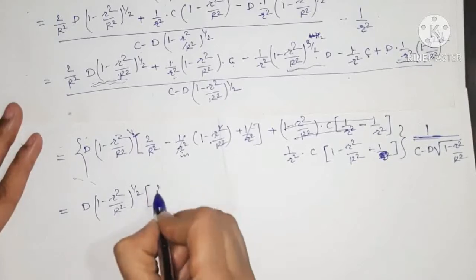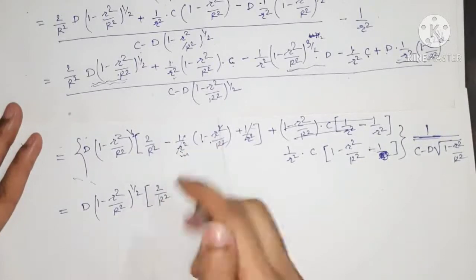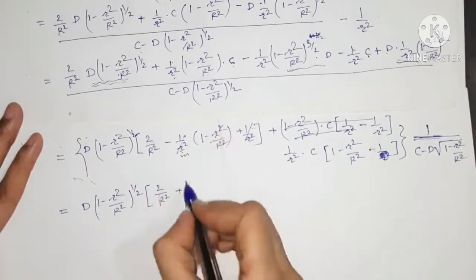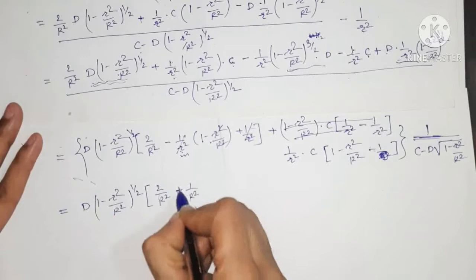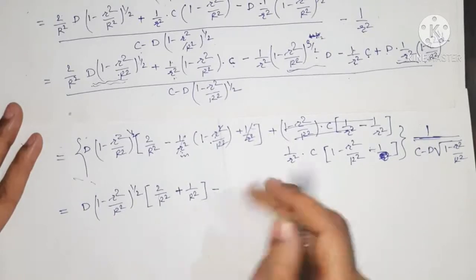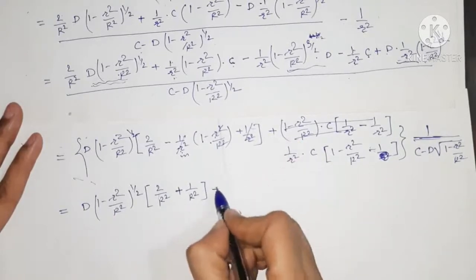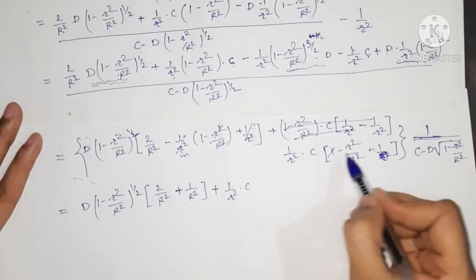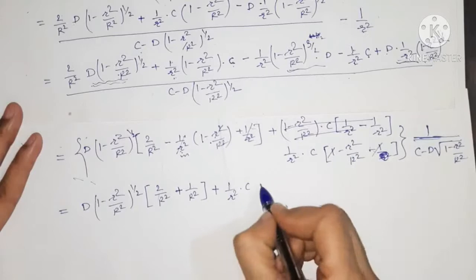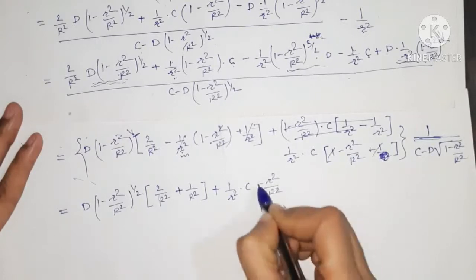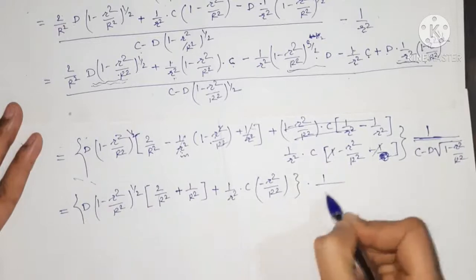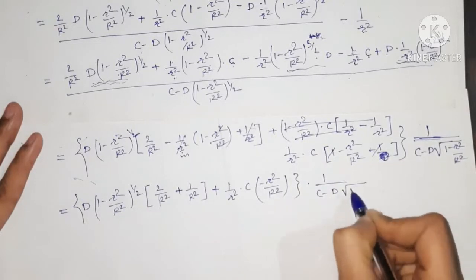In a bracket we have 2 upon r square minus minus plus, this r square gets cancelled with this r square, so we have plus 1 upon r square plus here 1 upon r square into c, this plus 1 minus 1 gets cancelled, we have minus r square upon capital R square, bracket closed, into 1 upon (c minus d) under root of 1 minus r square upon capital R square.